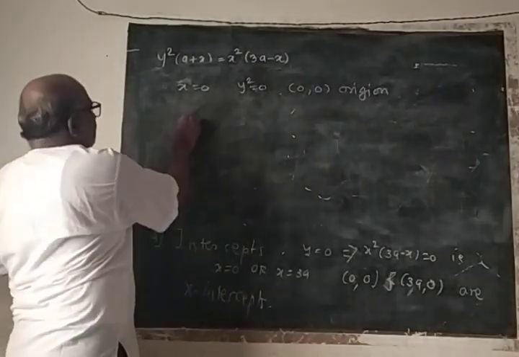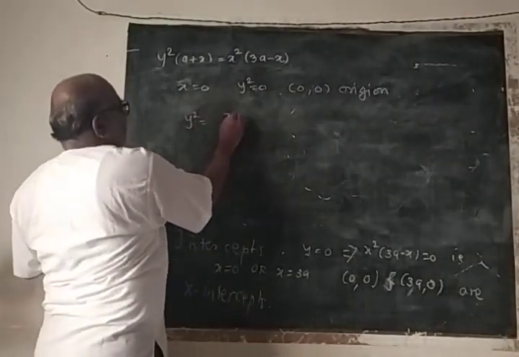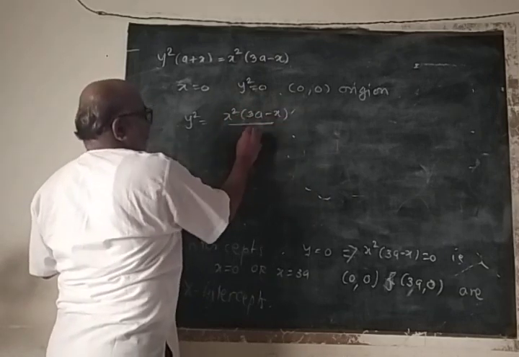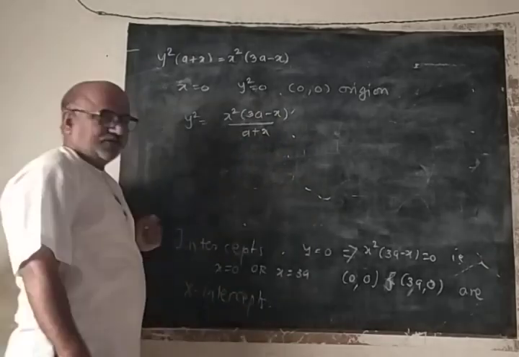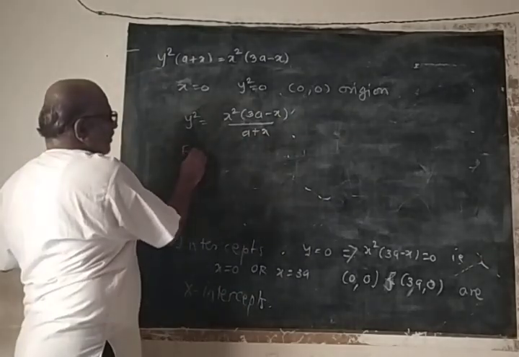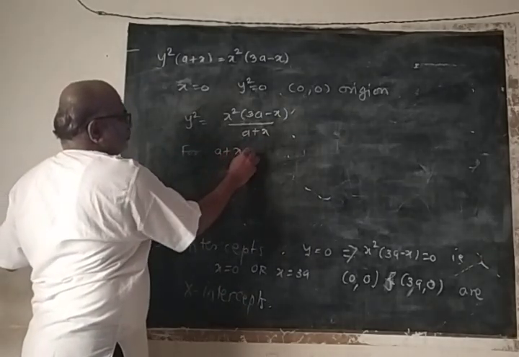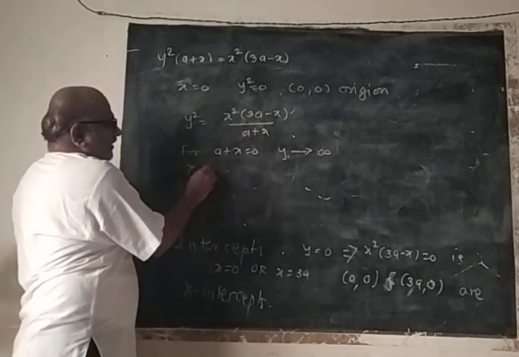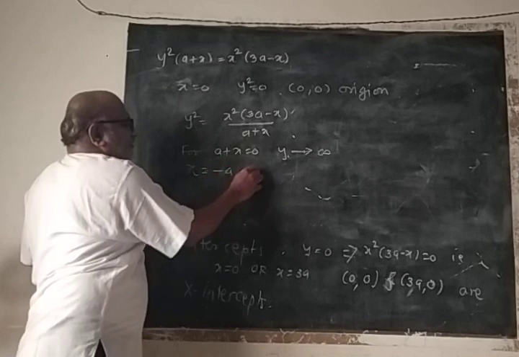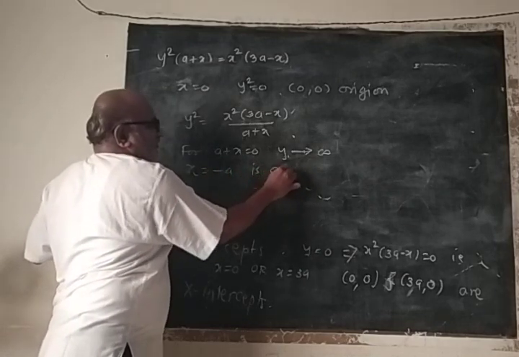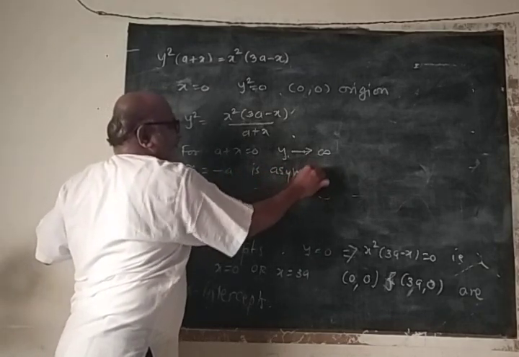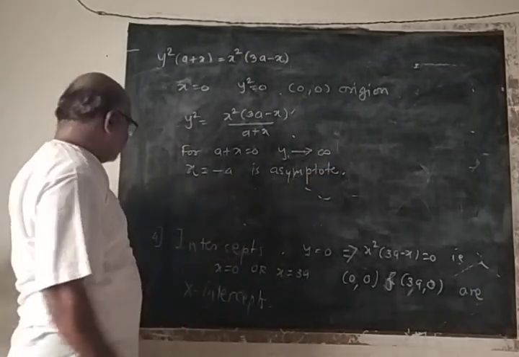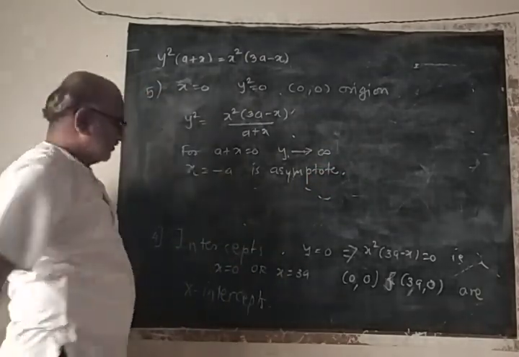You can write y square equal to x square into bracket 3a minus x divided by a plus x. And you can see that for a plus x equal to 0, y tends to infinity. That is, x equal to minus a is an asymptote.